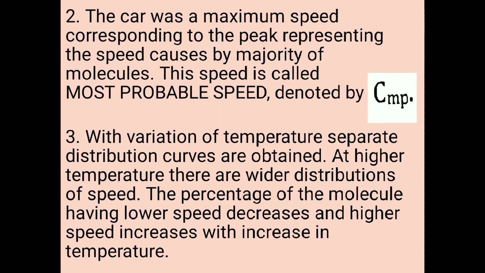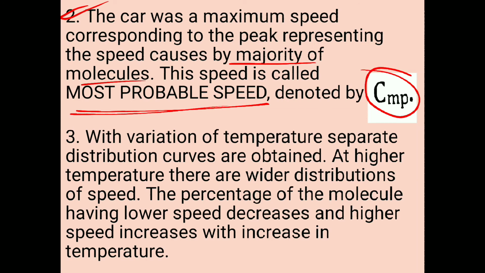Next, the second qualitative feature: the curve has a maximum corresponding to the peak, representing the speed possessed by the majority of molecules. This speed is called the most probable speed and is denoted by c_mp. With variation of temperature, separate distribution curves are obtained. At higher temperature, that is T2, there is a wider distribution of speed.